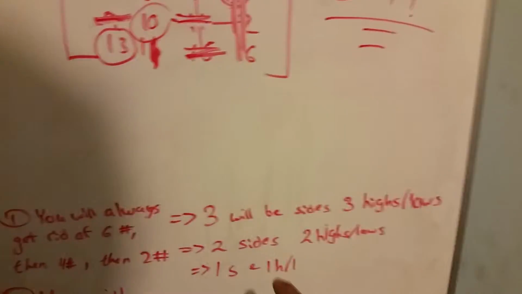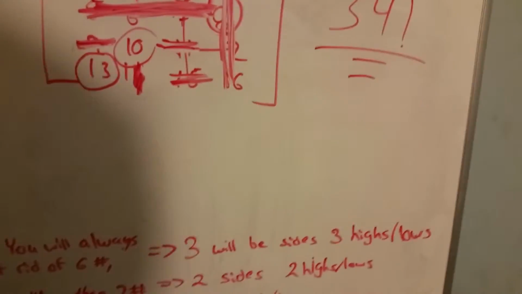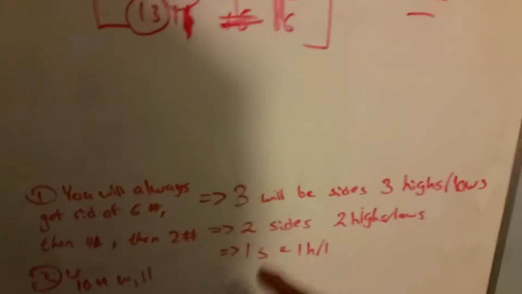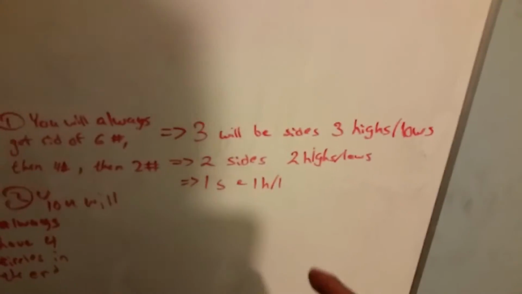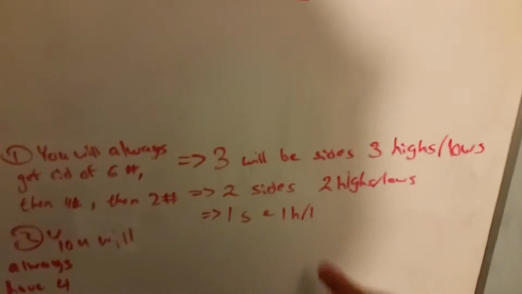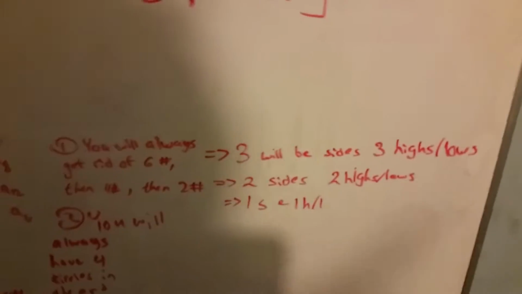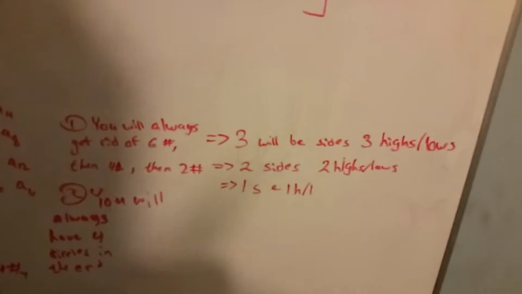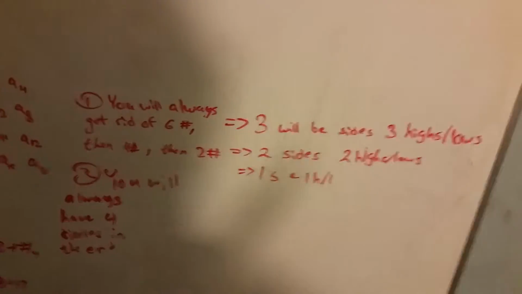Every time you take out 6, 3 will be from the side. When you're taking out 4, 2 will be from the side and 2 will be above and below. For your last one, 1 will be from the side and 1 will be either above or below. Another important fact for this solution is that you will always have 4 circles in the end.